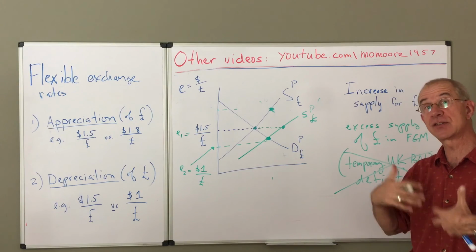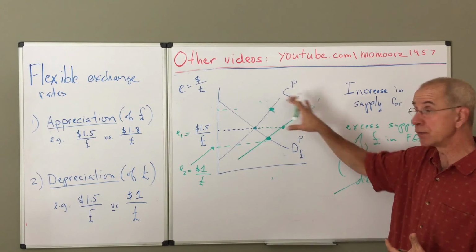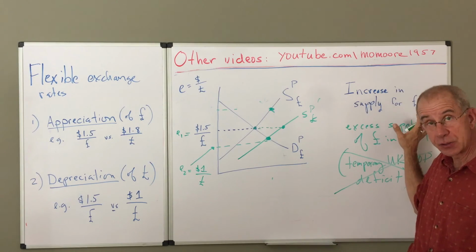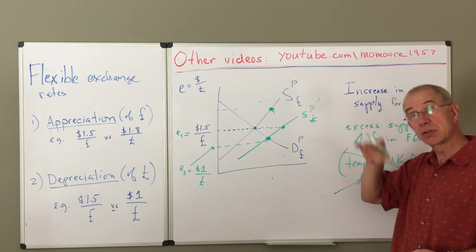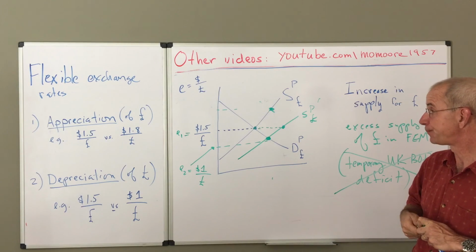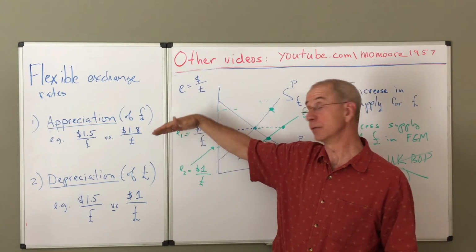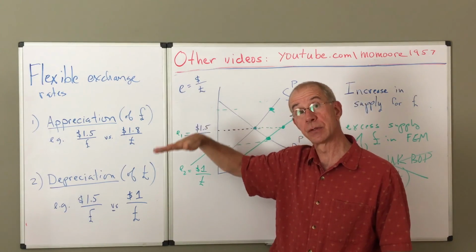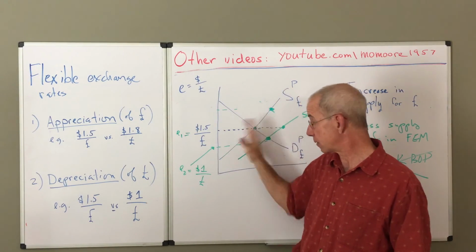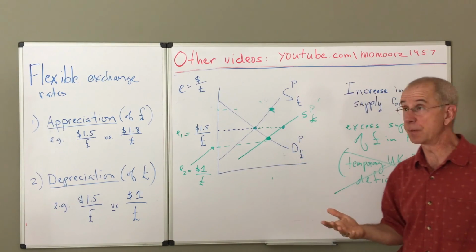You have this self-correcting mechanism by which the exchange rate moves to deal with the changes in the underlying supply or demands of the currency. So we could also do this from the standpoint of dollars, the supply and demand for dollars, but the basic mechanism would be the same.